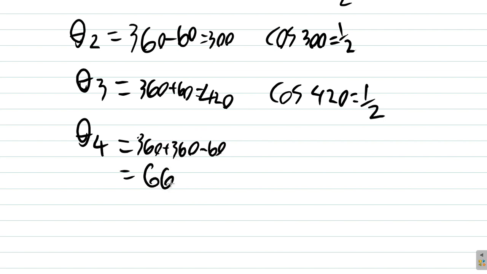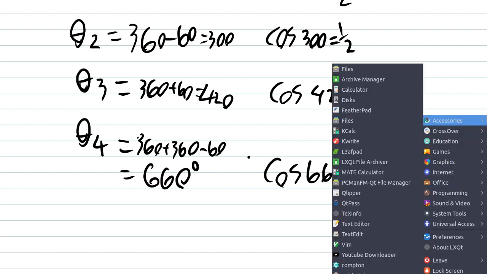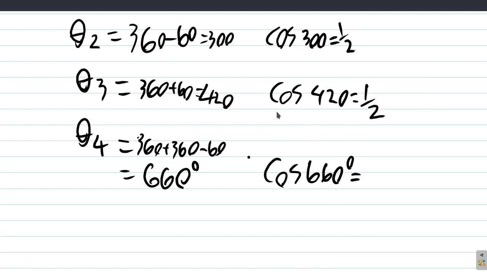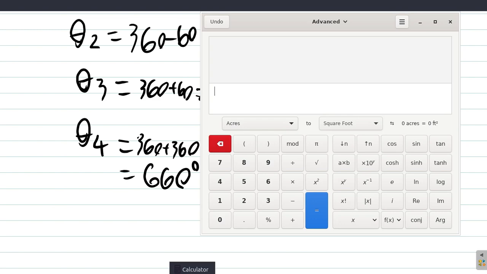You get 660 degrees. What's the cosine of 660 degrees?